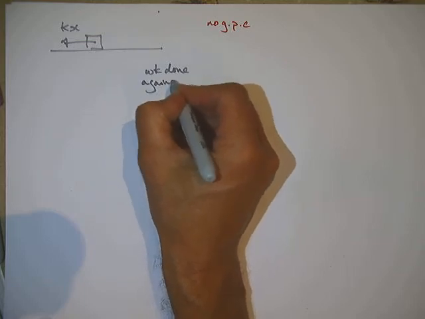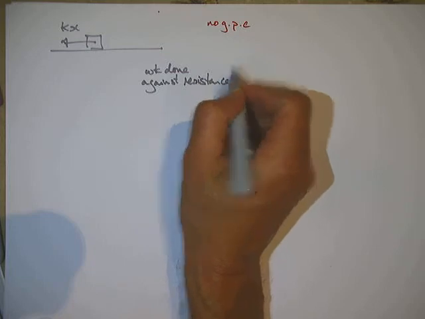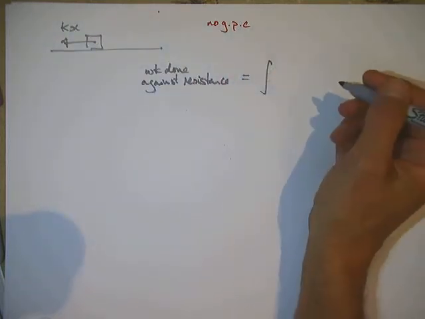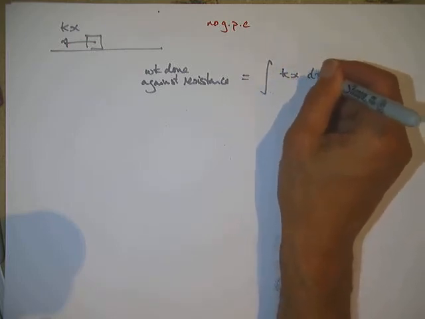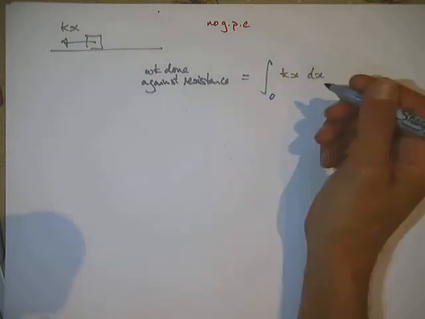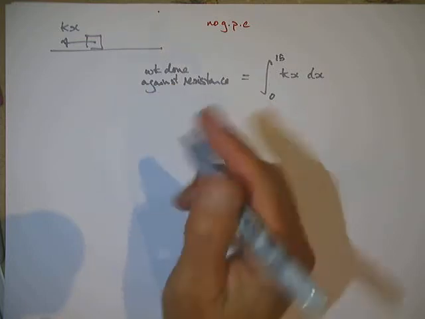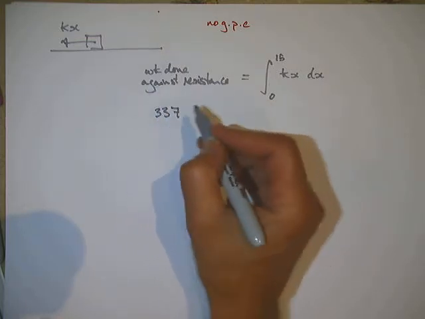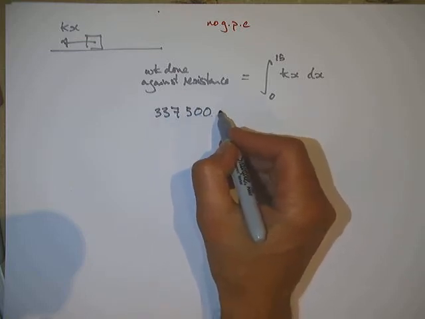So the work done against the resistance, which is not constant, will be the integral of kx with respect to x between 0 and 15. That's equal to 337,500 joules.